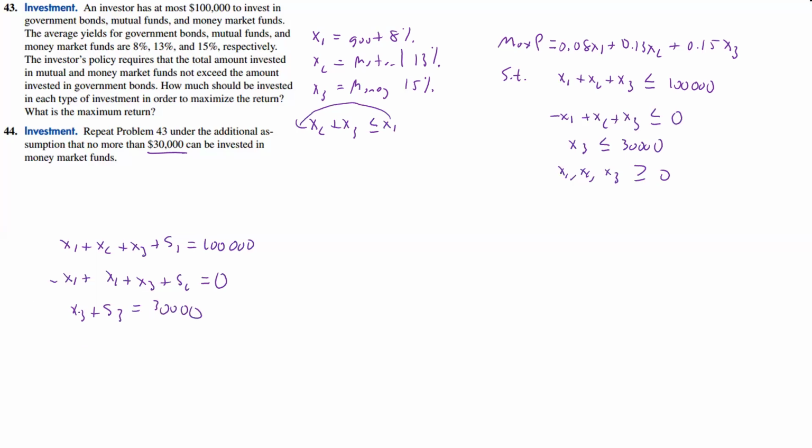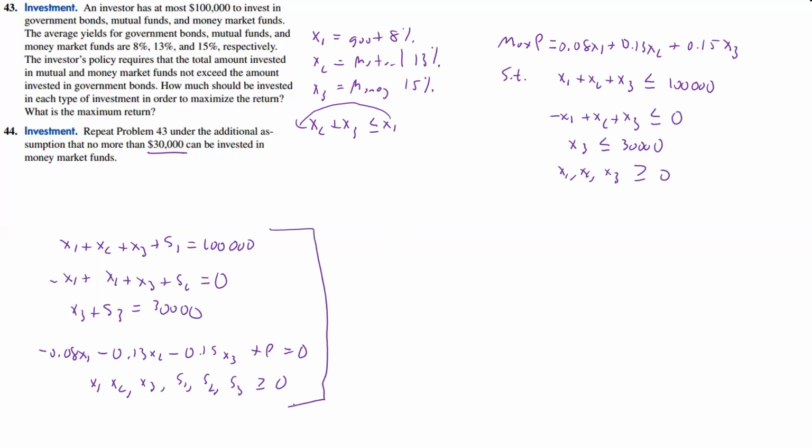And then we have to do our top one and take everything over here. So we're going to have minus 0.08x1 minus 0.13x2 minus 0.15x3 plus P equals 0. And then x1, x2, x3, s1, s2, s3 all have to be greater than or equal to 0. So that's what we put into our table form.